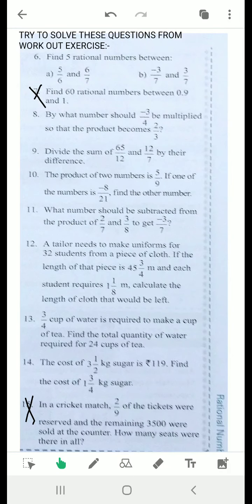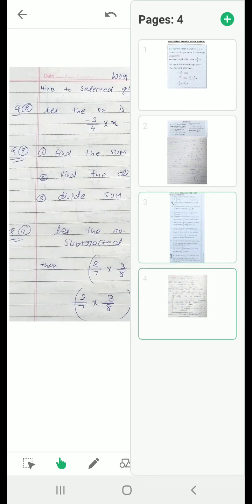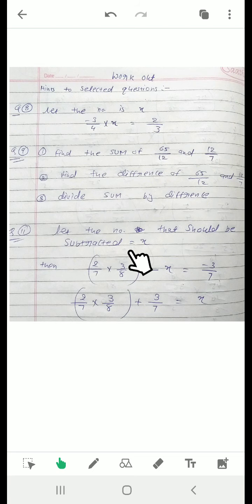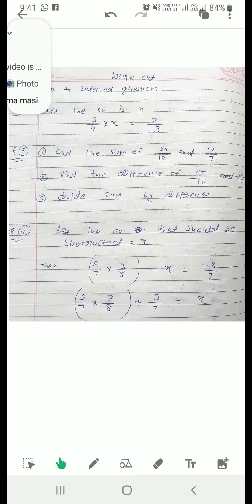Again, read the question: what number should be subtracted from the product of 2 upon 7 and 3 upon 8 to get minus 3 upon 7? The number to be subtracted is x. 2 upon 7 multiplied by 3 upon 8 minus x is equal to minus 3 upon 7. This minus 3 upon 7 is transposed there, it will become plus, and equals x. So like that you have to solve.